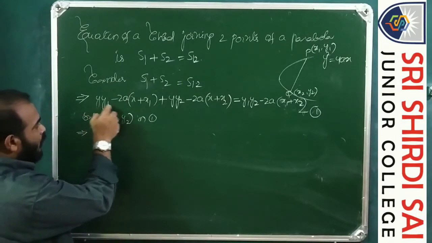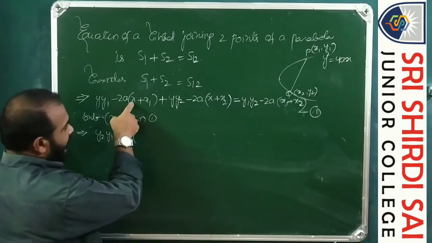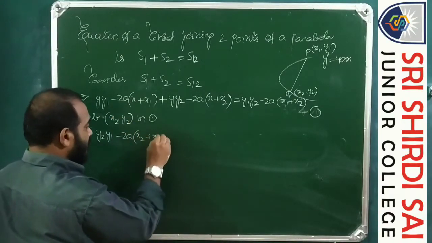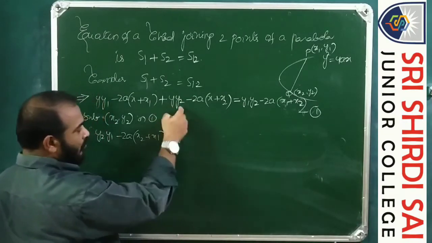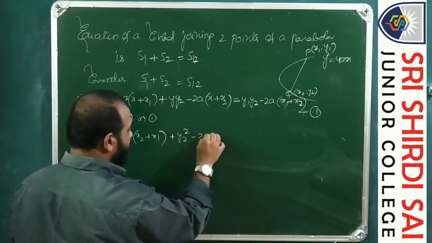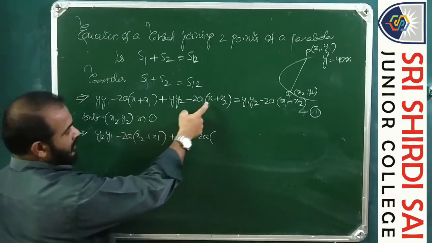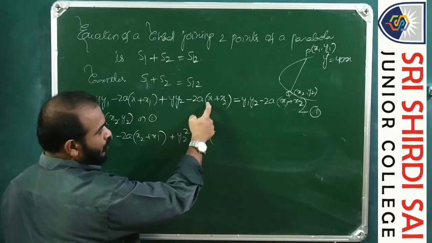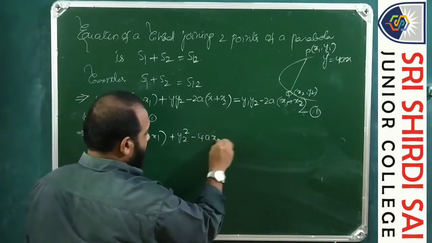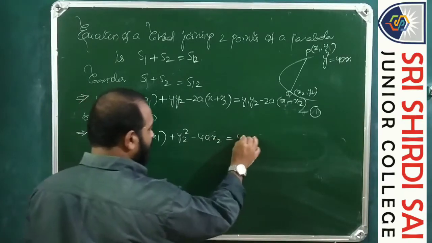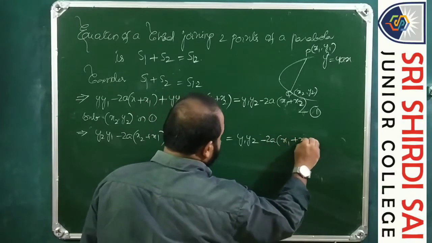Then y2 y1 minus 2a into x2 plus x1 plus y2 square minus 2a into x2 plus x2, that is 4a x2, is equal to y1 y2 minus 2a into x1 plus x2.